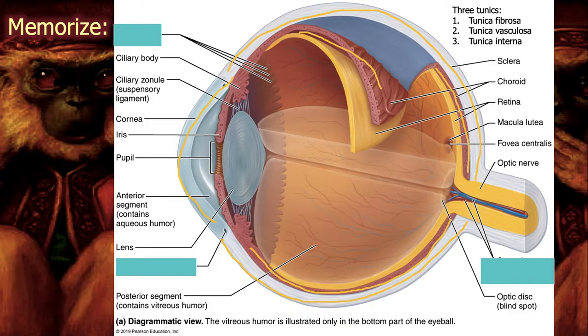You've got your ciliary bodies up here, which are muscles. The ciliary body holds onto suspensory ligaments right here, and that holds the lens. It also includes the iris, which is up here, and the pupil, which is the opening.